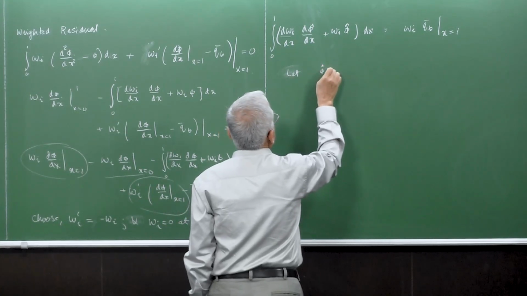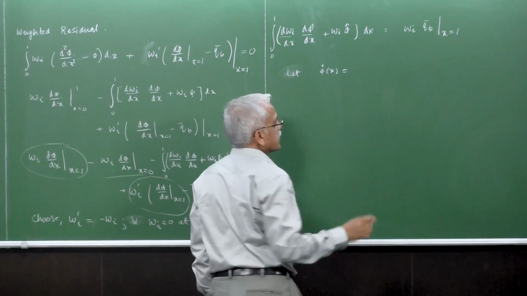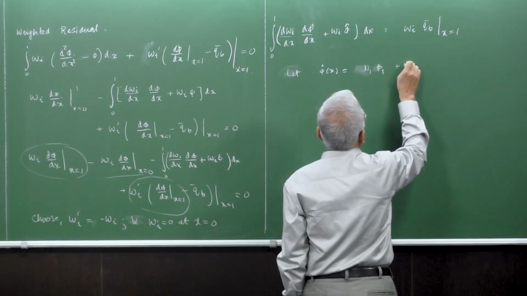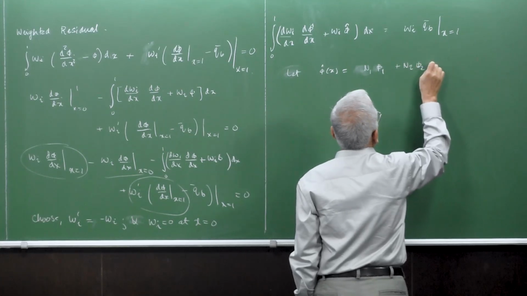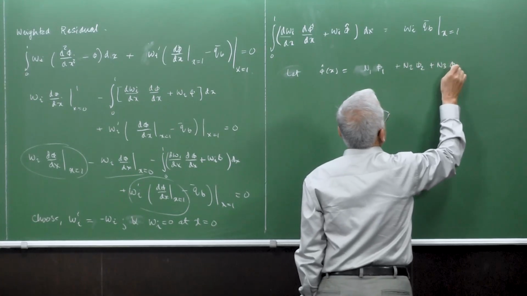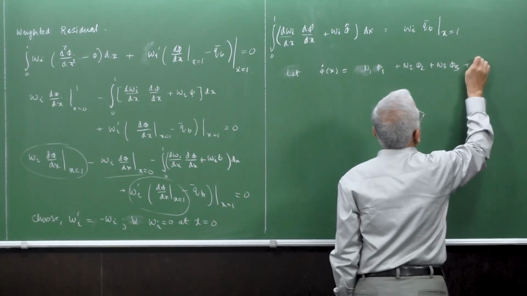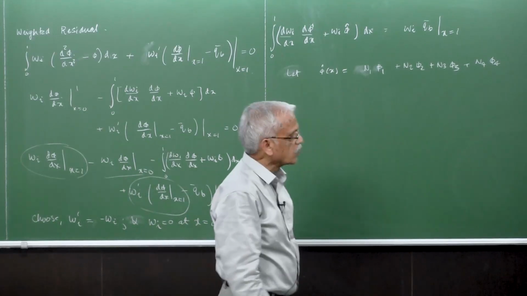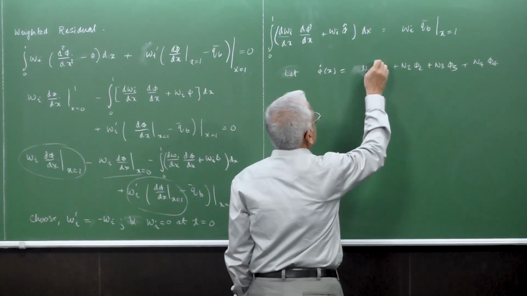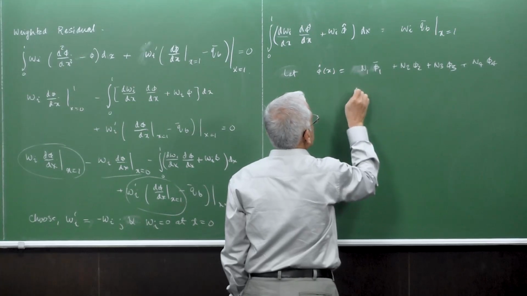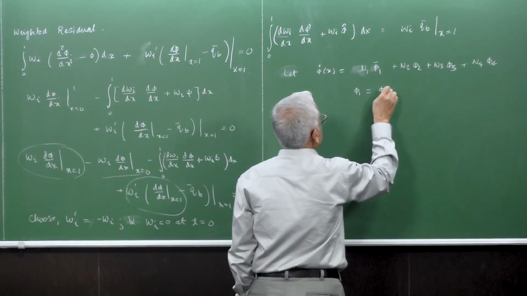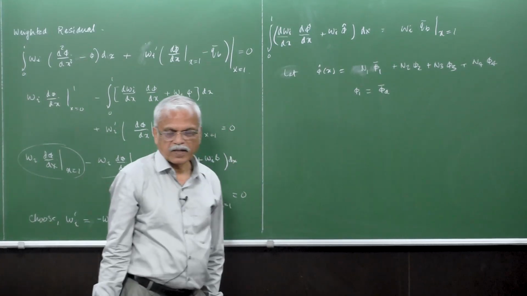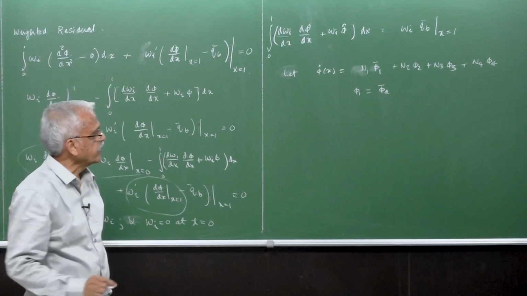So just to recall, let phi hat x be N1 phi 1, N2 phi 2, N3 phi 3. What is important is that phi 1 here is prescribed, phi 1 is given, so this has to be satisfied a priori.